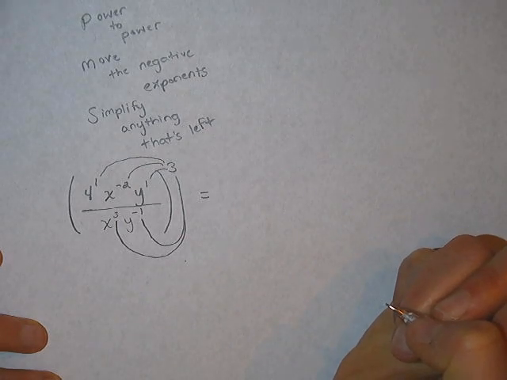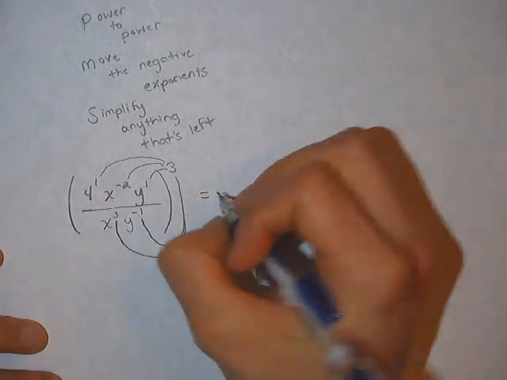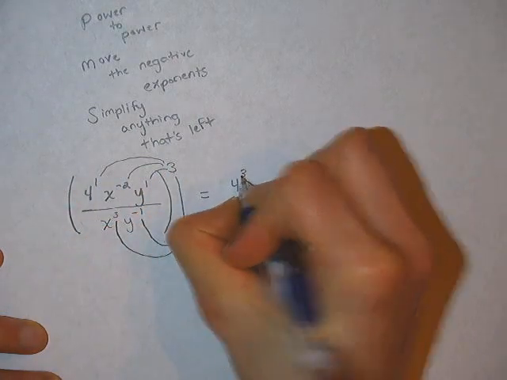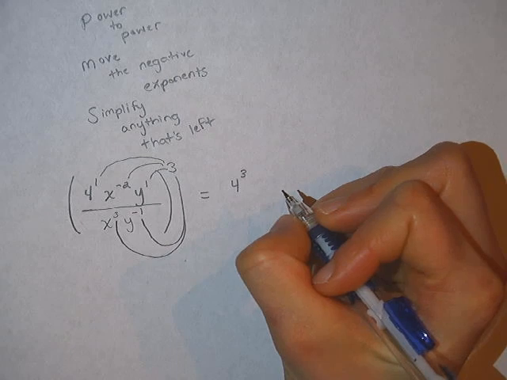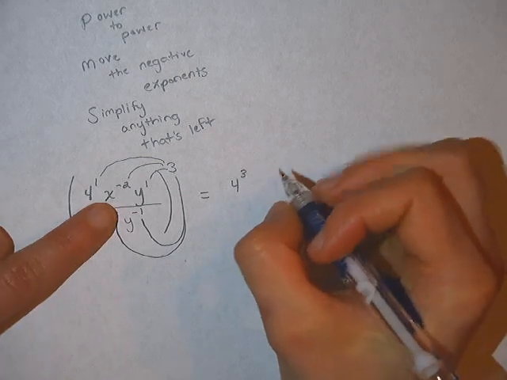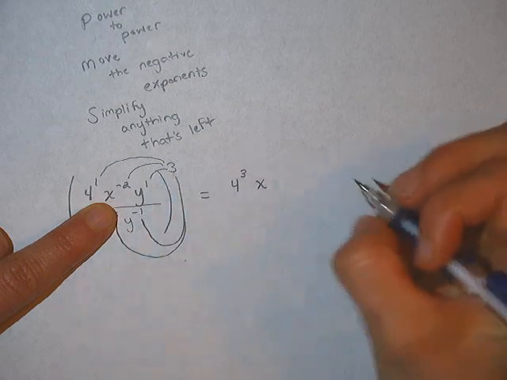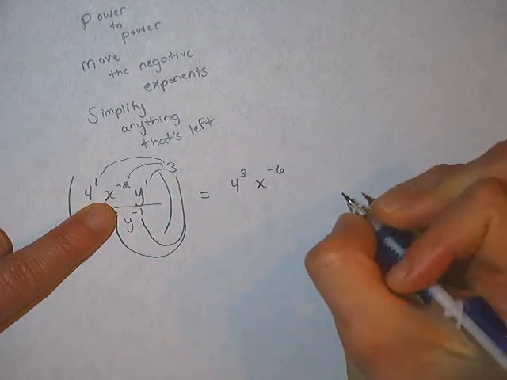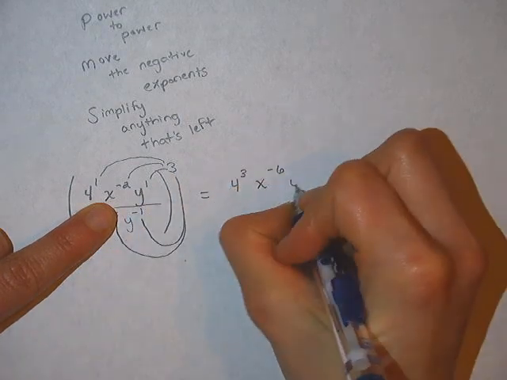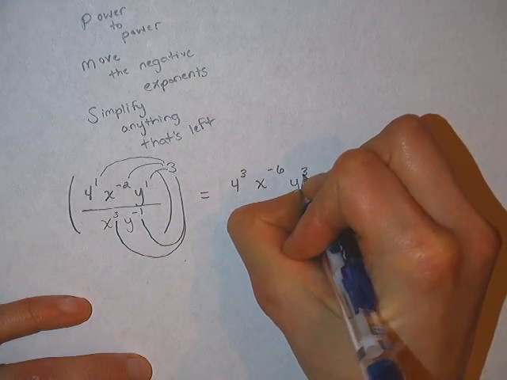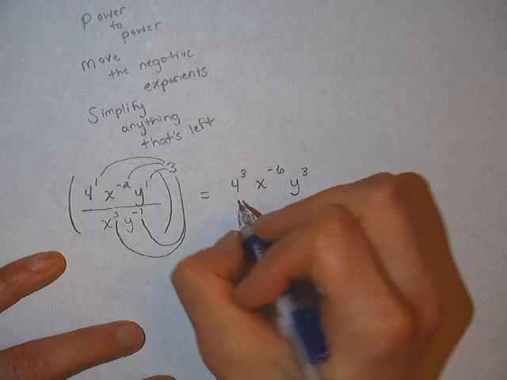So when I do that, it'd be 4 to the 1 times 3 power. And then you have x to the negative 2 times 3, which is negative 6 power. And then y to the 1 times 3, which is third, or to the third power.